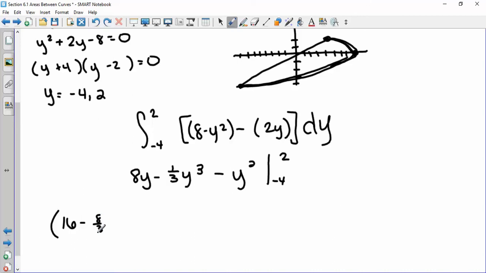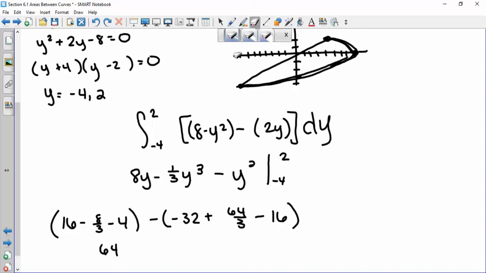So we plug in. We get 16 minus 4, so 12 minus 8/3, -32 and -16 is -48.